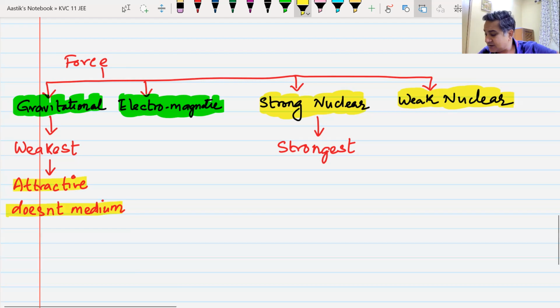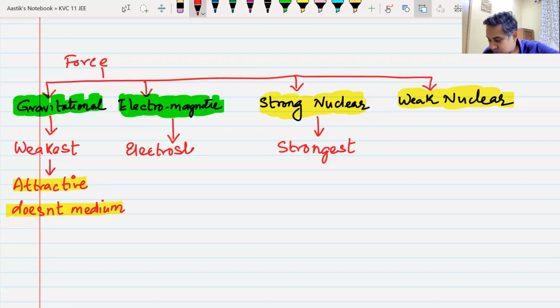What I am writing here is the differences between gravitational and electrostatic forces. Now, once we talk about electromagnetic or electrostatic force, basically I will talk about electrostatic force. Electrostatic force can be attractive and repulsive. Do we understand this?